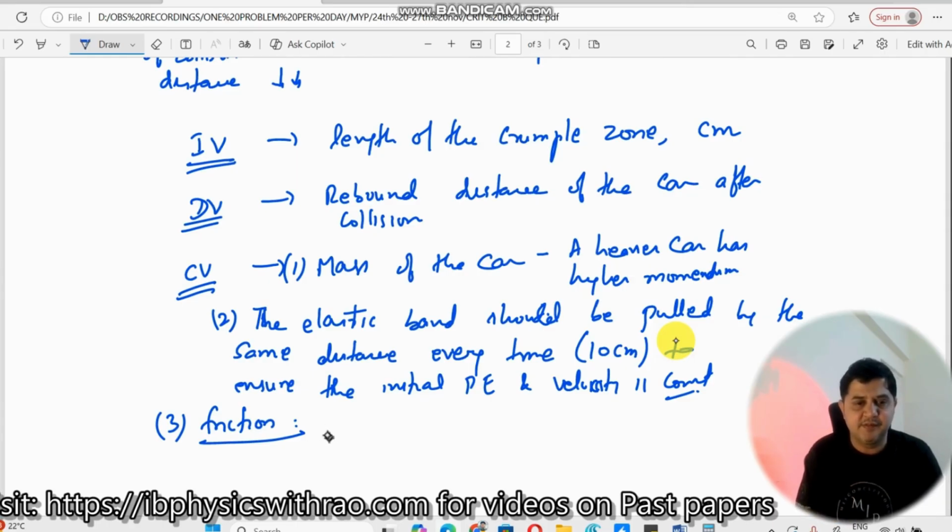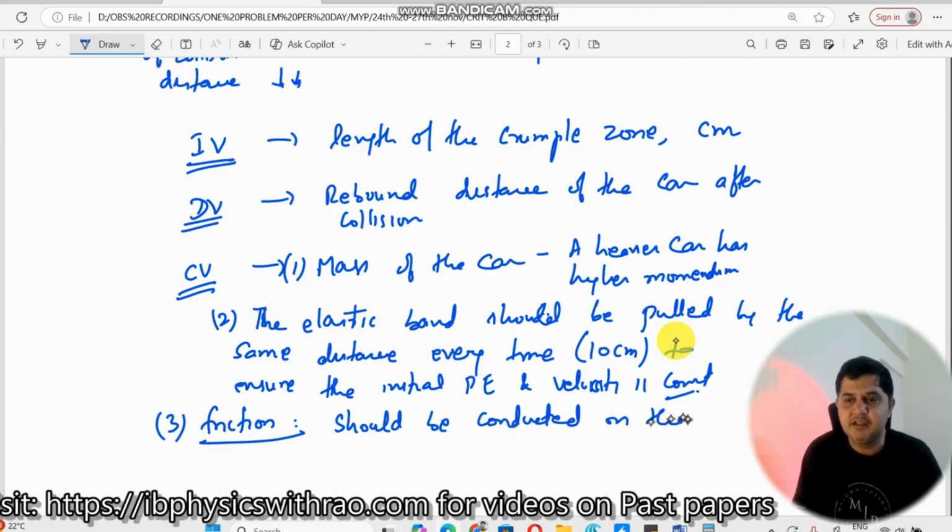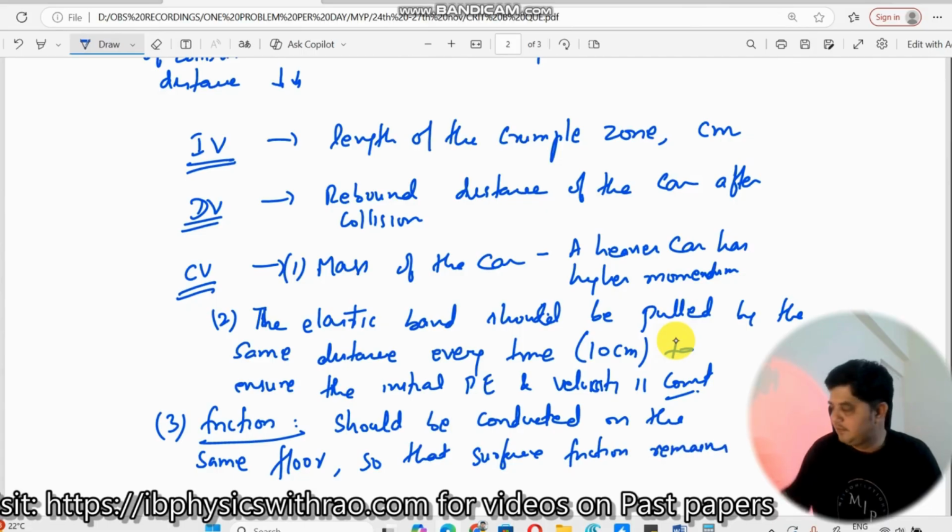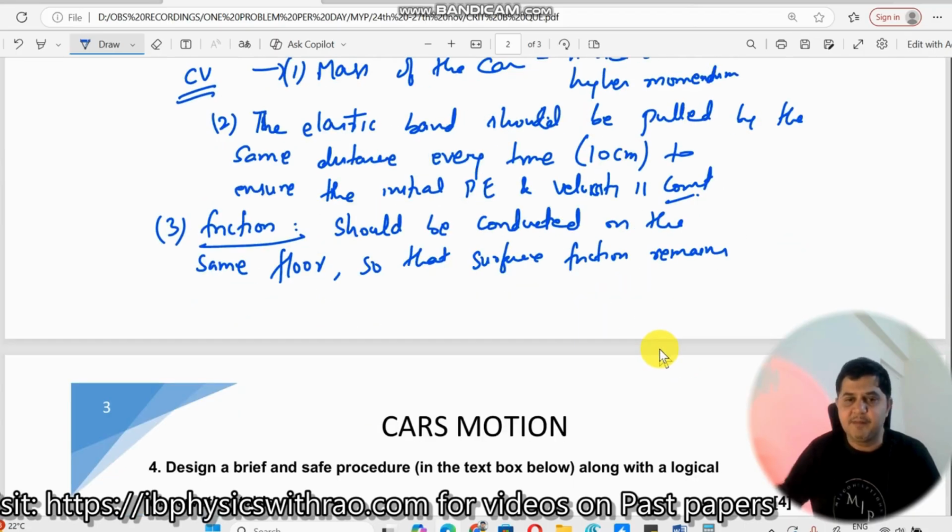So how do you write this one? The experiment should be conducted on the same surface so that the friction remains the same.